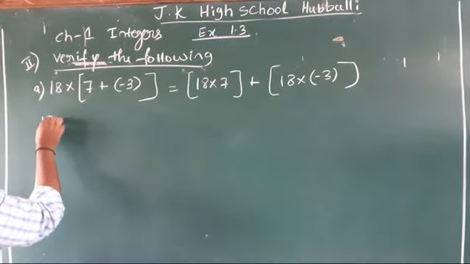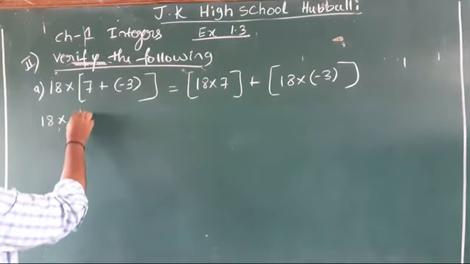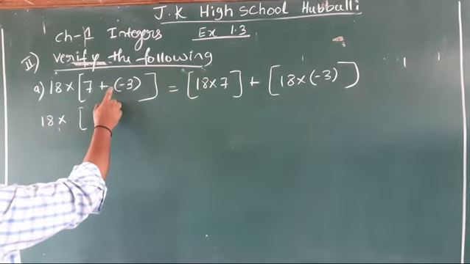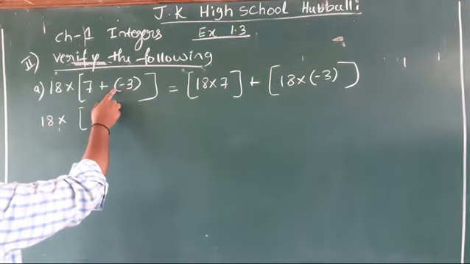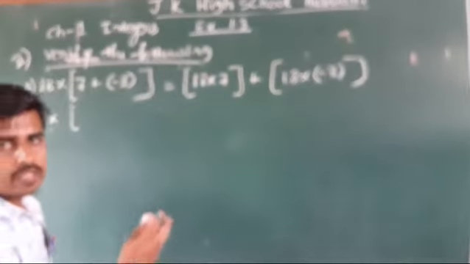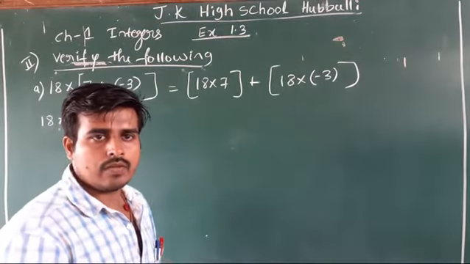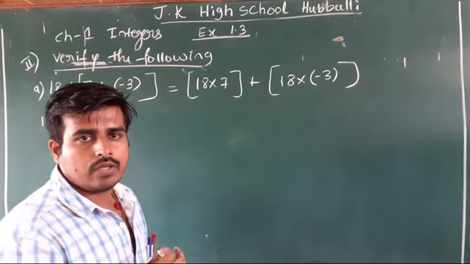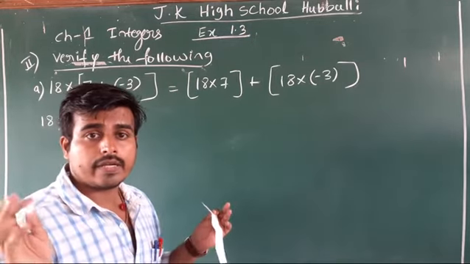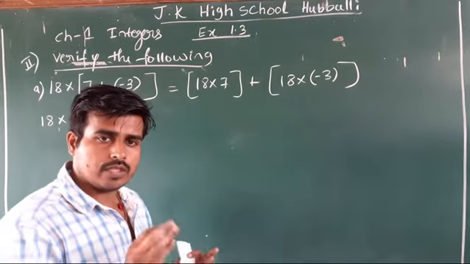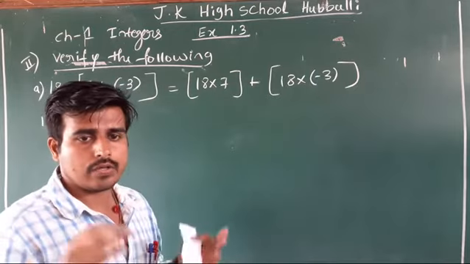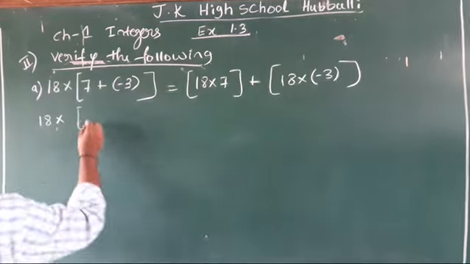I will keep 18 into as it is. I need to open the smaller bracket first. From the smaller bracket to the larger bracket we will move. This is the way of solving. You cannot just open the larger bracket first. First you need to open small brackets, then you can open the large bracket.